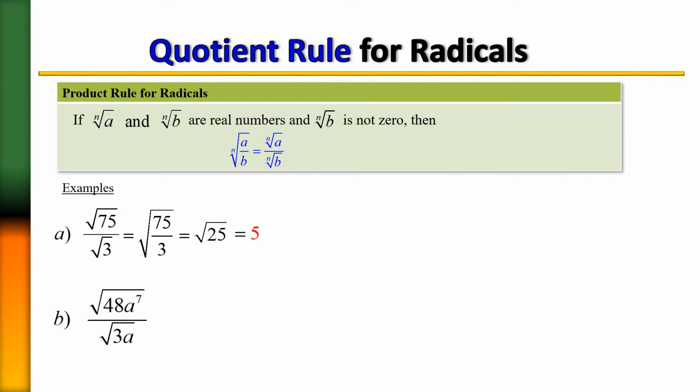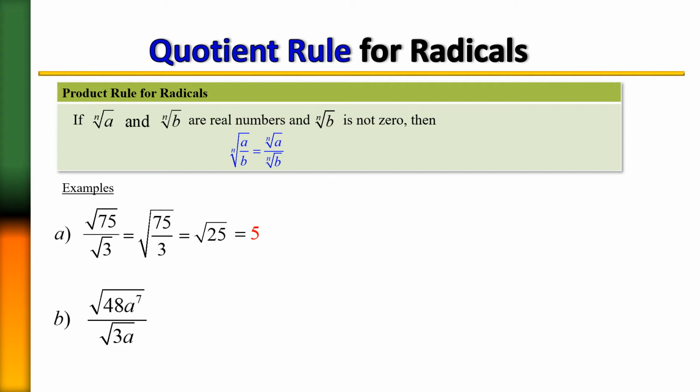Now I just want to make a note that you don't need to write that extra step as I did in this example here of putting both the top and bottom underneath the whole umbrella of that radical symbol.